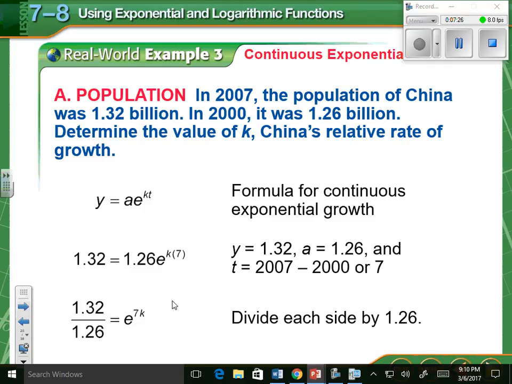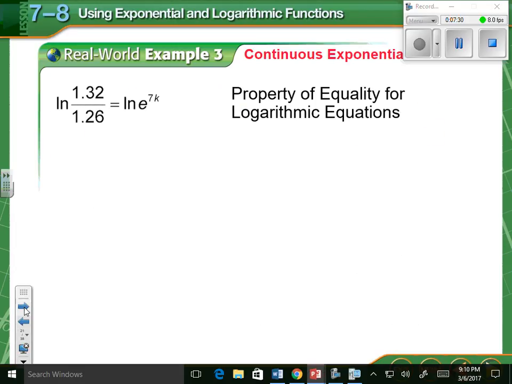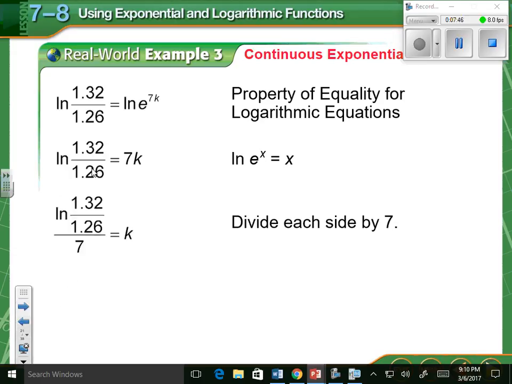Divide both sides by 1.26. Take the natural log of both sides. That'll make the natural log of e cancel, and you'll be left with 7k equal to this amount, which you can put in your calculator. Divide that amount by 7, and you get the value of k.